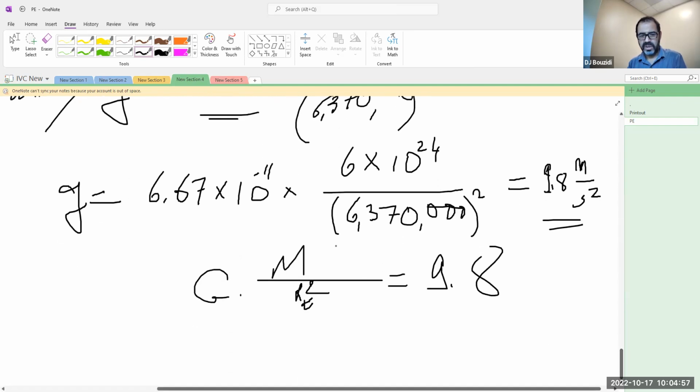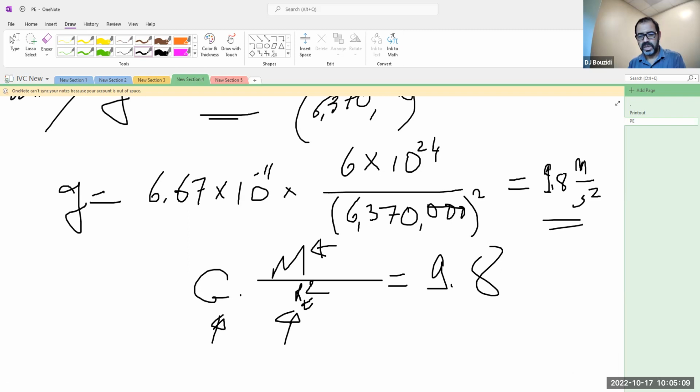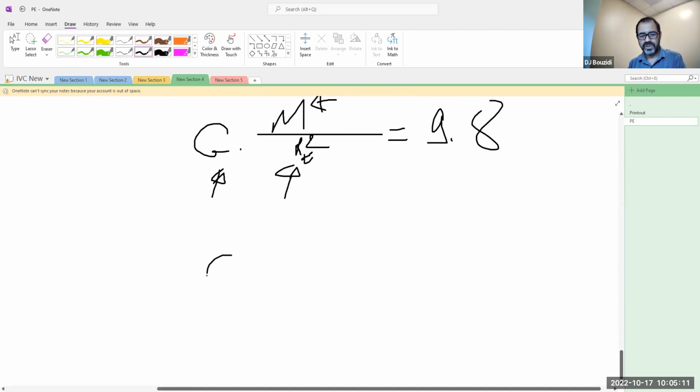Since you know the value of the mass of the Earth, or you actually have an estimate for how much it is, and since you know the value of the radius of the Earth, which was a known fact at that time, then the only thing missing from this equation is the value of big G, and big G will emerge naturally from this requirement, as he did, as 6.67 times 10 to the negative 11.